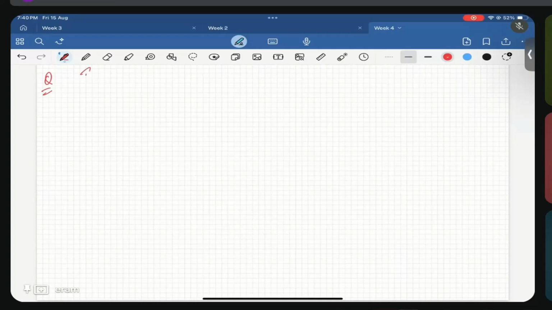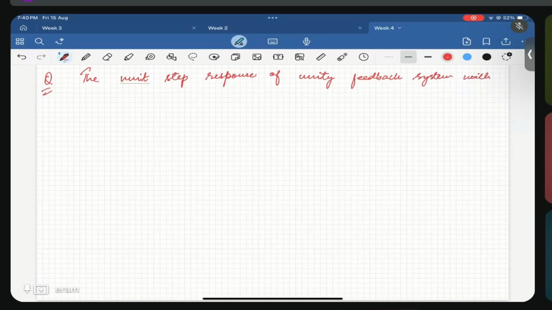So the unit step response of unity feedback system with open loop transfer function G(s) equals k by (s plus 1)(s plus 2) is shown. Find k.